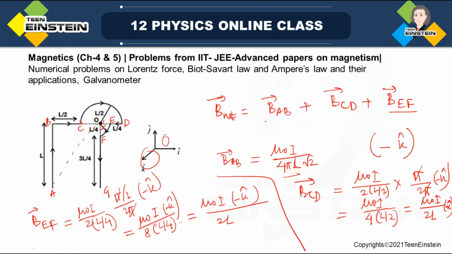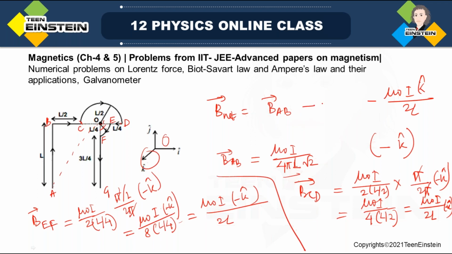So what we get, we'll write it here. This is with a minus sign. So B_EF is minus μ0 I k cap divided by 2L, and CD also with a minus sign.